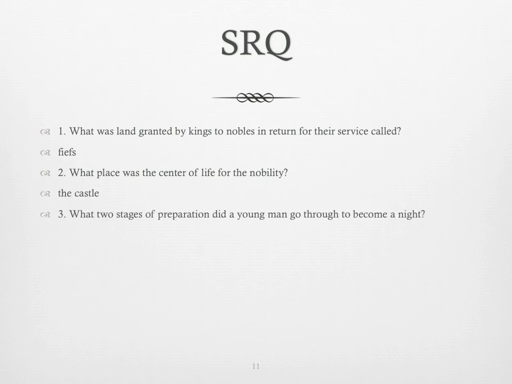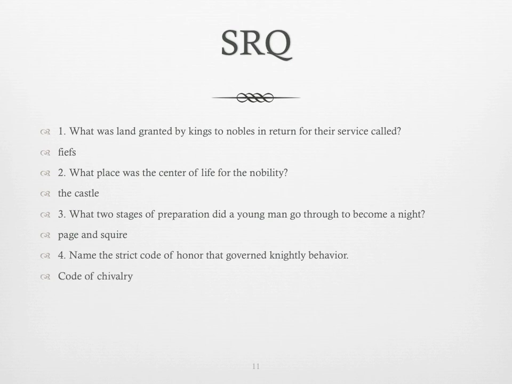Number 3, what 2 stages of preparation did a young man go through to become a knight? Number 4, name the strict code of honor that governed knightly behavior. And number 5, what 2 types of activities were part of the typical tournaments among knights? Okay, so some of these questions you will see on your quiz tomorrow.